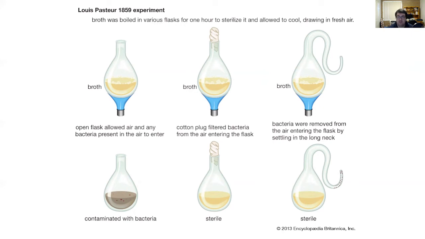But if you plug the flask with cotton, or in the case of Louis, he heated and bent the end of the flasks into an extended long neck, to make it impossible for particles to actually reach the broth. After heat treatment, the broth was able to stay sterile for an extended period of time.